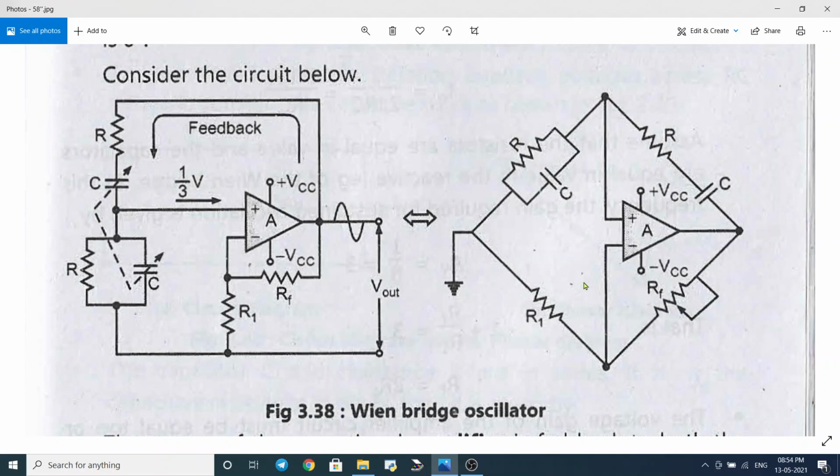So the op-amp is connected in a bridge network. In the same diagram, this is the series arm, this is the parallel arm of the bridge, this is the feedback resistor, and this is the resistor R1.